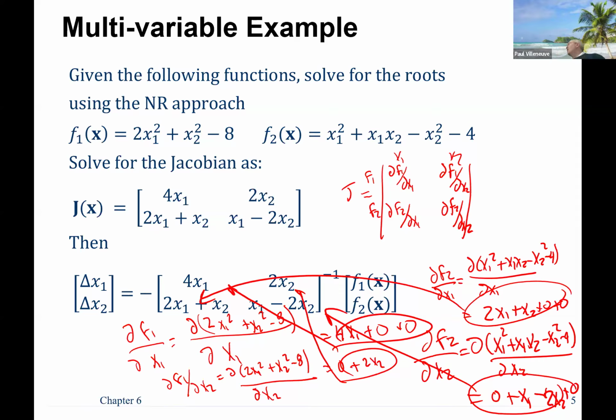So you can do it in 2 dimensions, but you can only really do 2 equations and 2 unknowns before it's very difficult to visualize. You could maybe do a 3x3, but then you'd have to physically rotate things to see in 3 dimensions. So it's just not practical to do beyond that. Okay?